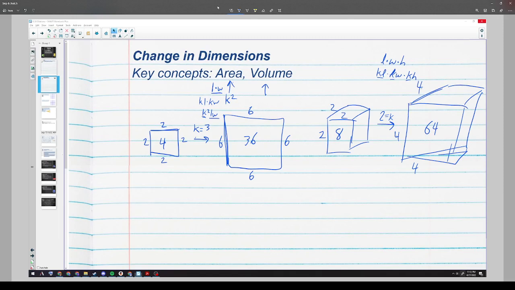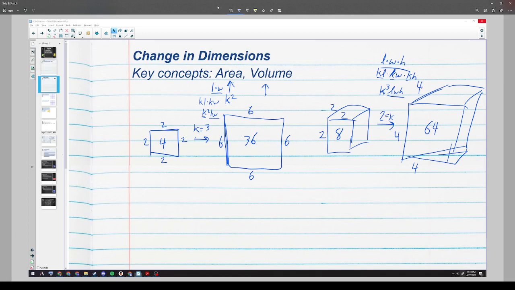It hits my length, my width, and my height. So if I group those together again, I end up with k cubed, k times k times k, times the length, width, and height. So my relationship between the original and the new one is that I need to apply k cubed to that volume in order to account for the fact that I scaled all the sides up by 2.